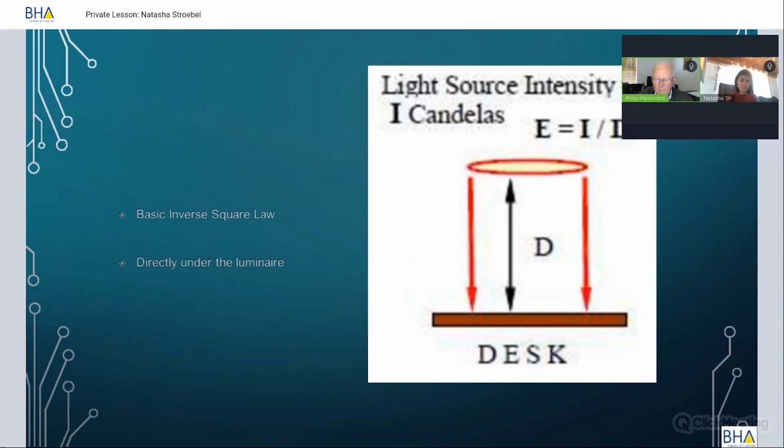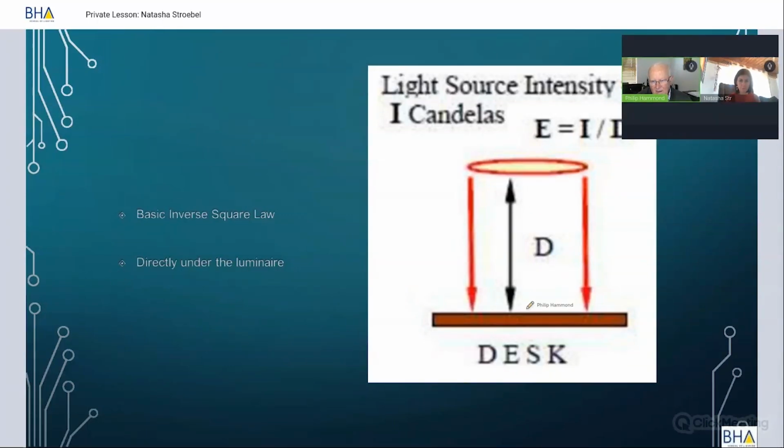So let's move on. If we want to calculate the light that falls on the desk directly under the light source, this is the basic inverse square law. Directly under the luminaire, we use this formula: E, the illuminance, is equal to the intensity, which comes out of the light, divided by distance squared.